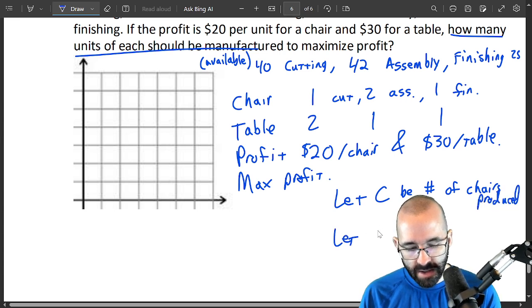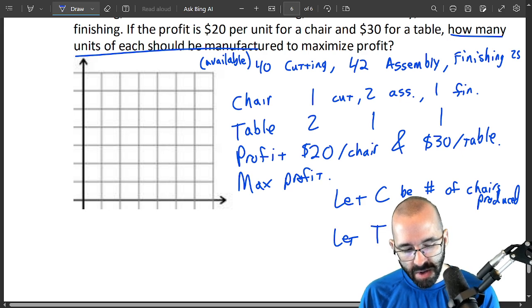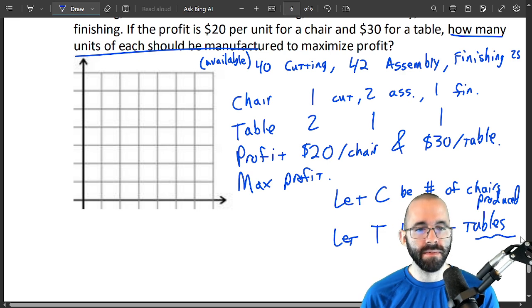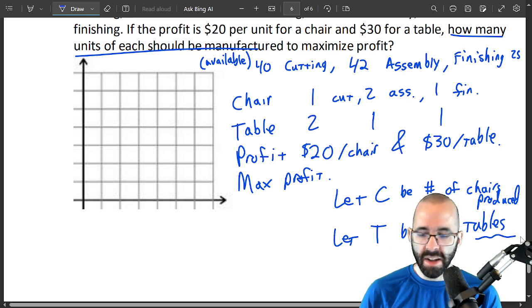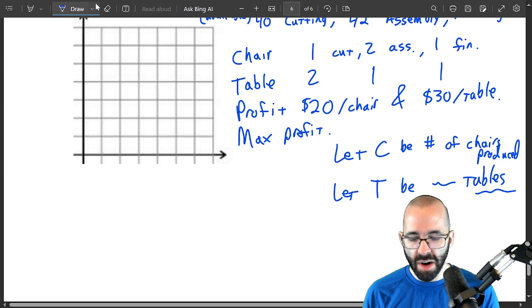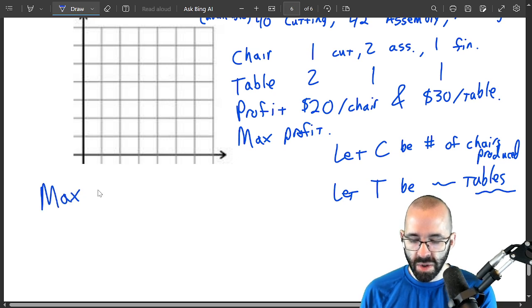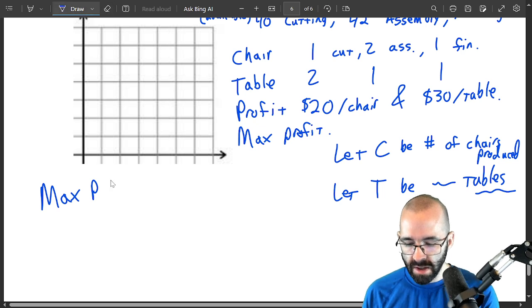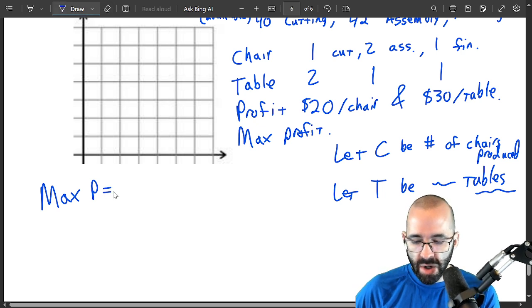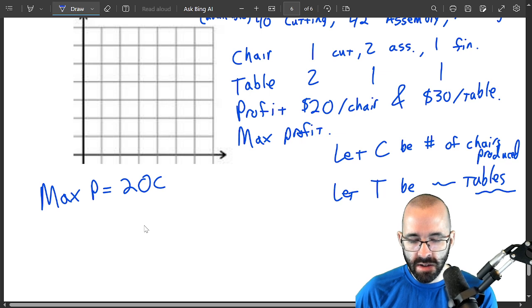And let T be the number of tables. That was step 1. Step 2 is the objective function. We want to maximize the profit. What's our profit? Our profit is, well, we profit $20 for every chair and $30 for every table.